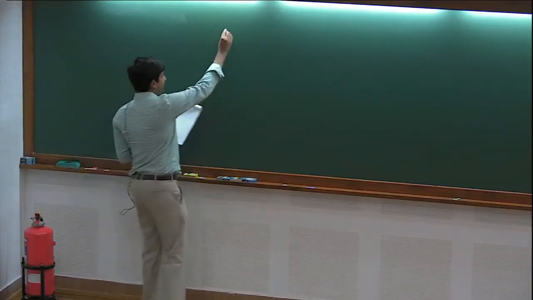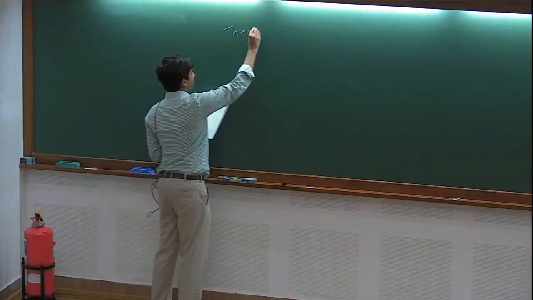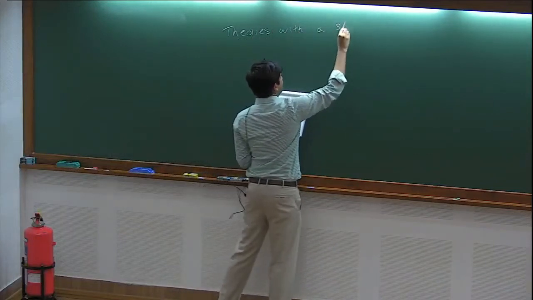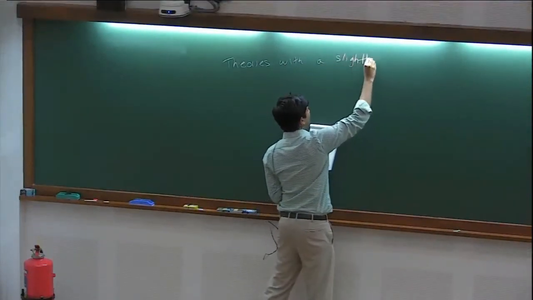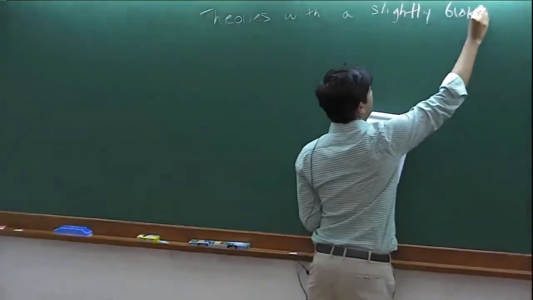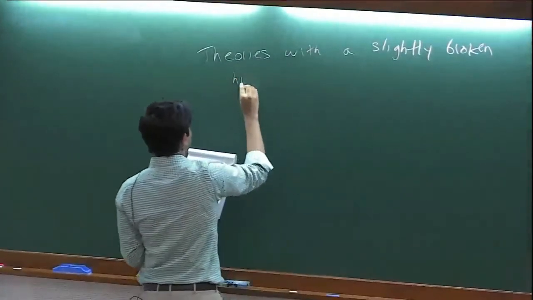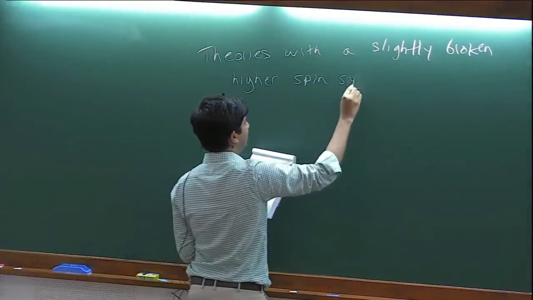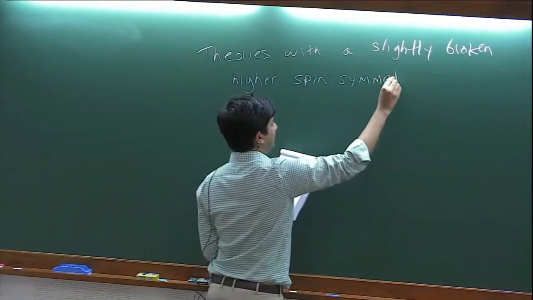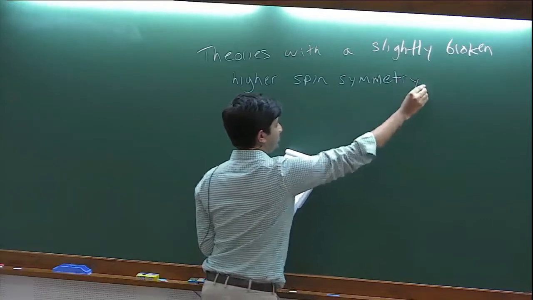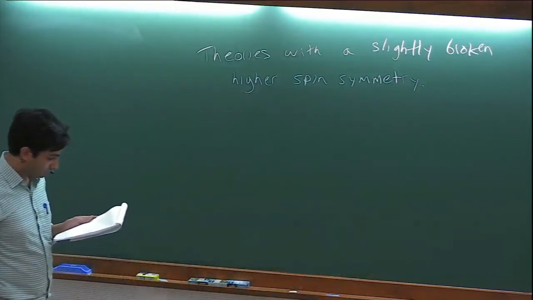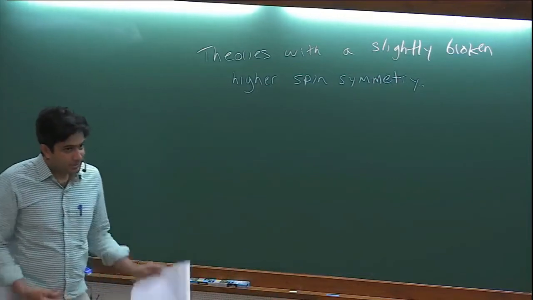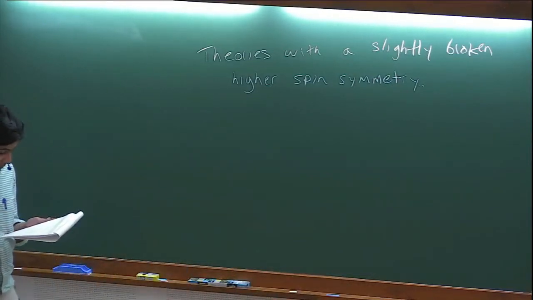We're basically discussing theories with a slightly broken higher spin symmetry, of which the standard example are Chern-Simons vector models.